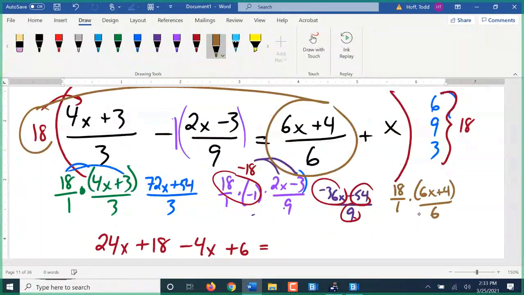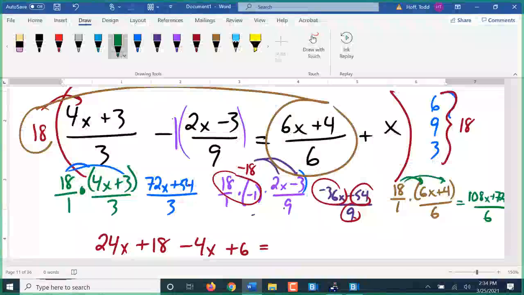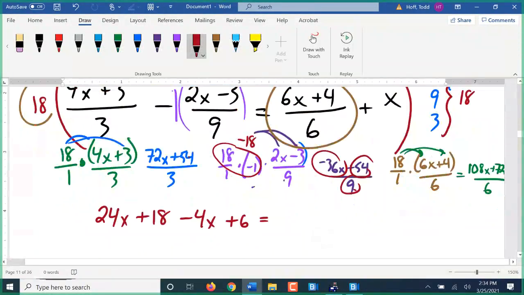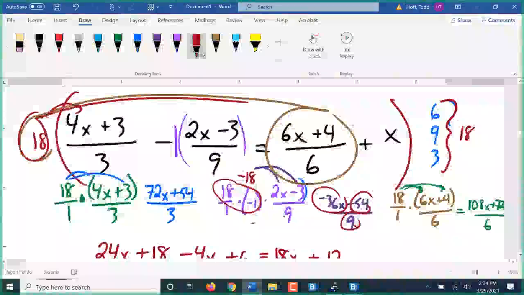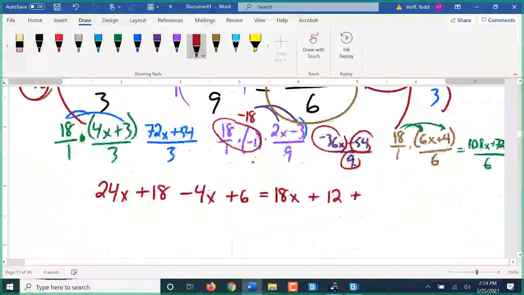I'm just going to put it in parentheses right away. 18 times 6x. 18 times 6 is 108x. 18 times 4 is 72. 1 times 6 is 6. 108 divided by 6 is 18. Yes, 18x. 72 divided by 6 is 12. And last we have the 18 times just the x there, so that's going to be a positive 18x.